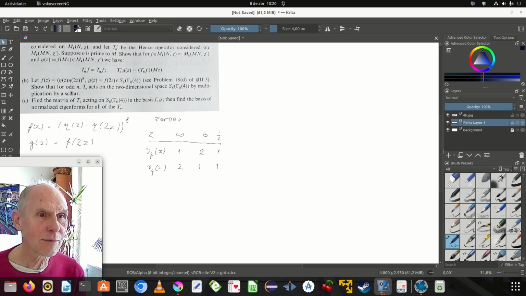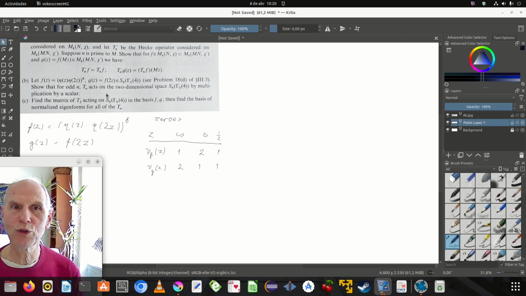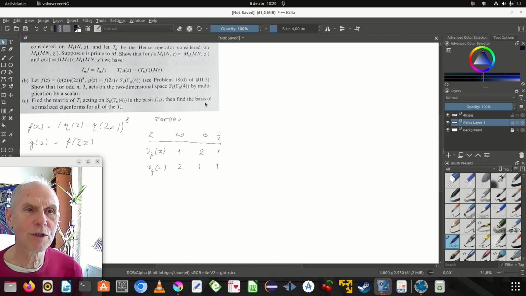Then we should prove that when n is odd, Tn acts by multiplication. And we did that in problem 2. So my first idea was to copy what we did in problem 2, maybe with alpha 2 instead of alpha 4 as in problem 2.